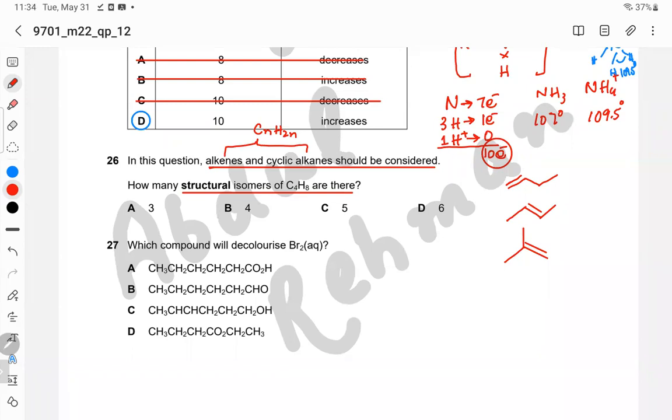Okay. Now, when we move to cycloalkanes, there are two possible structures. One is cyclobutane and one is methylcyclopropane.